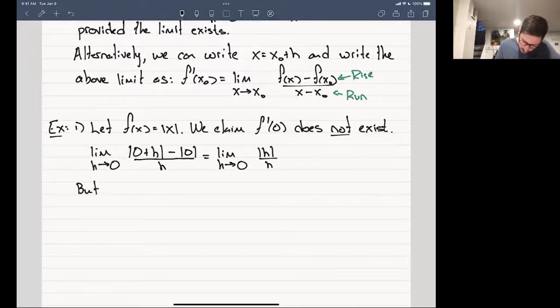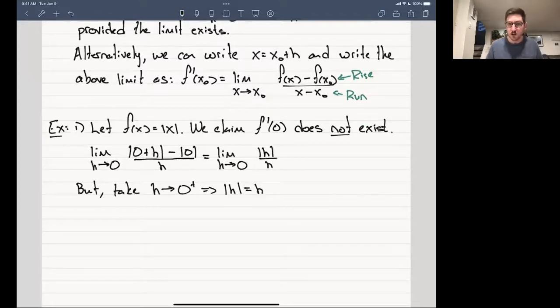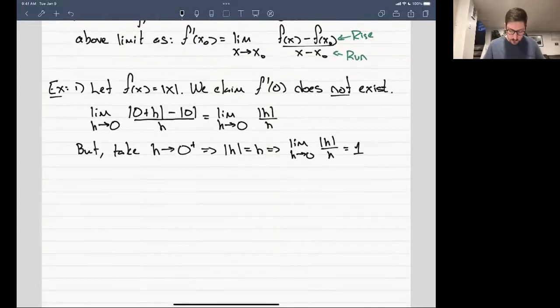But if we take h going to 0 from the right, that implies that the absolute value of h is just equal to h, which tells me that the limit as h goes to 0 of the absolute value of h over h, well, this must be just 1. So that's telling me the slope of the tangent line as I approach from positive values of h is looking like it's going to be 1.